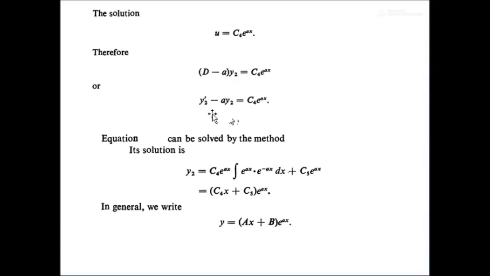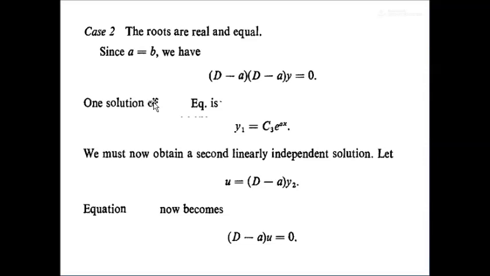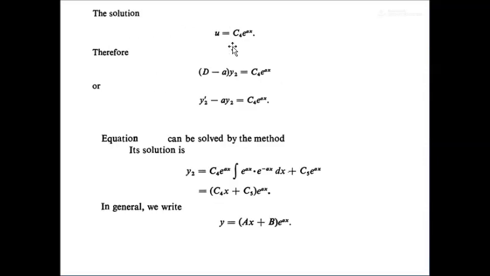If you solve this equation by the integrating factor method, here P(x) will be minus a and Q(x) will be c4 e to the power ax. So the solution will be (c4 x plus c5) e to the power ax. Now if there exist two equal roots, then this solution will be (ax plus b) e to the power ax.